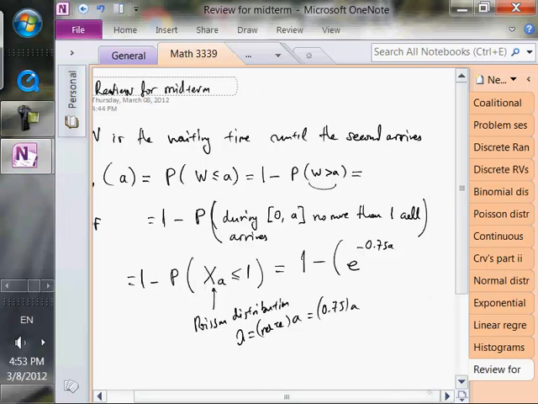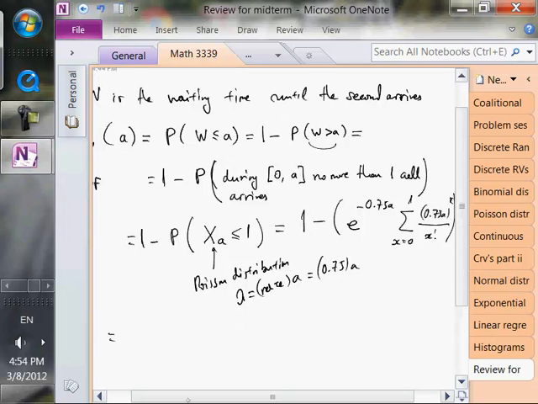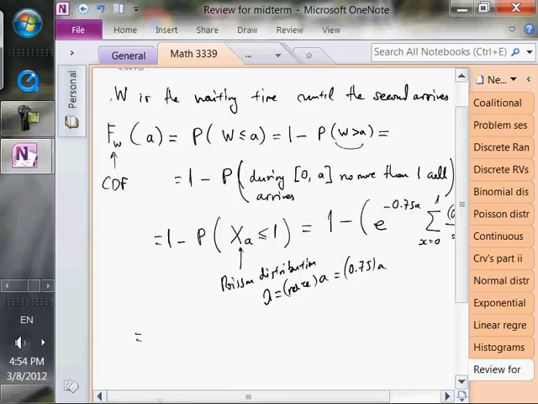Let's see how we can fit things. Times the sum, X goes from 0 all the way to 1, of 0.75 times A to the X power divided by X factorial. Here's the calculation.